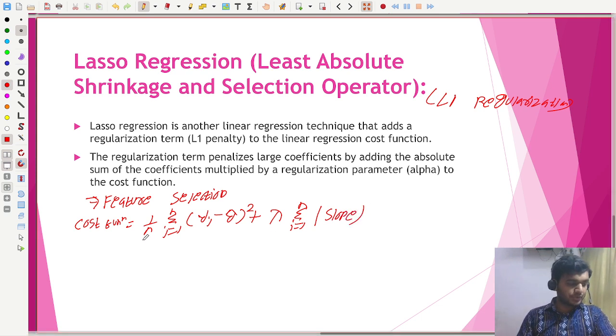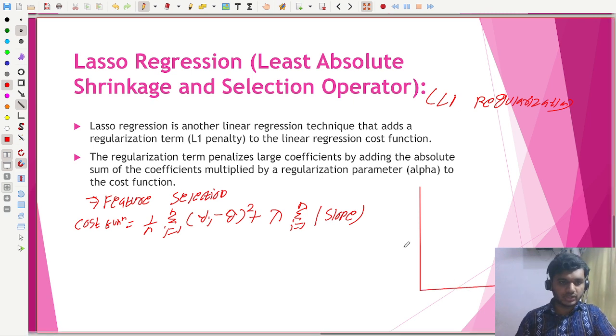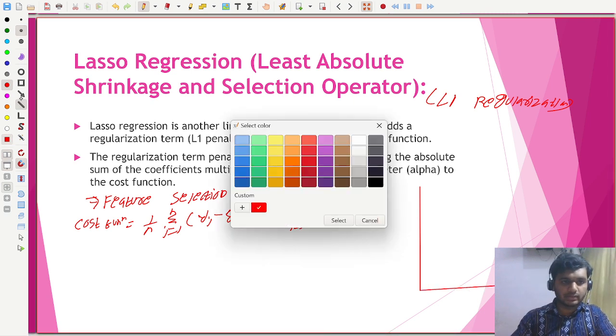Okay, so here you notice, we'll draw the diagram like this.